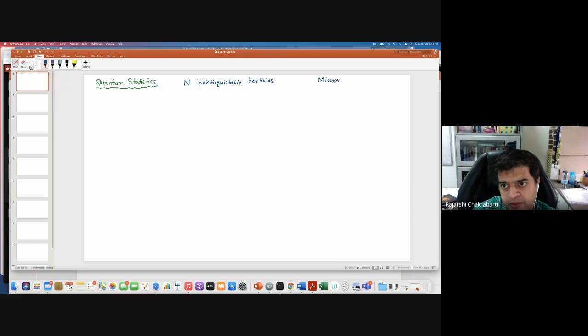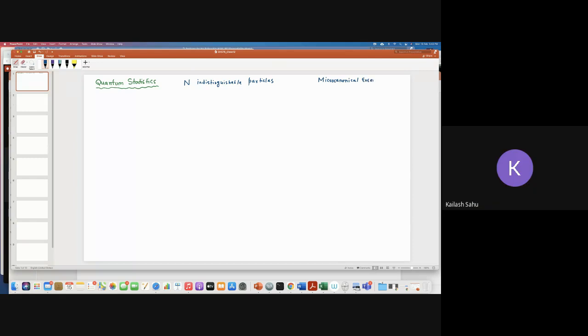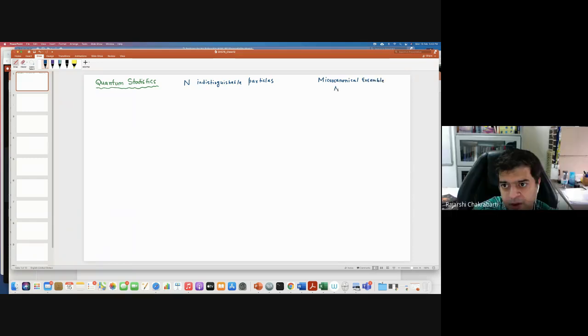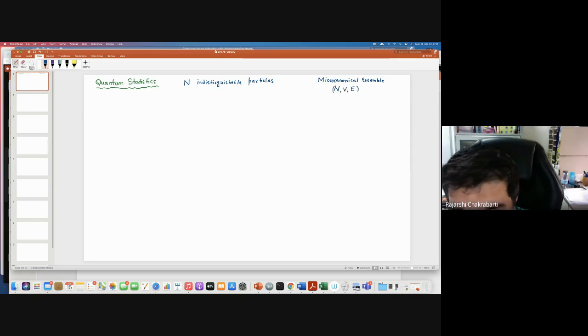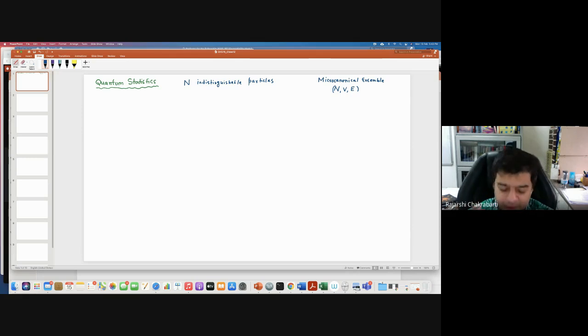How many of you remember the microcanonical ensemble? What is that ensemble? How do you define the macrostate? N, V, and E. Okay, very good. So we are working in the microcanonical ensemble. We have capital N number of indistinguishable particles. So they are quantum in nature.